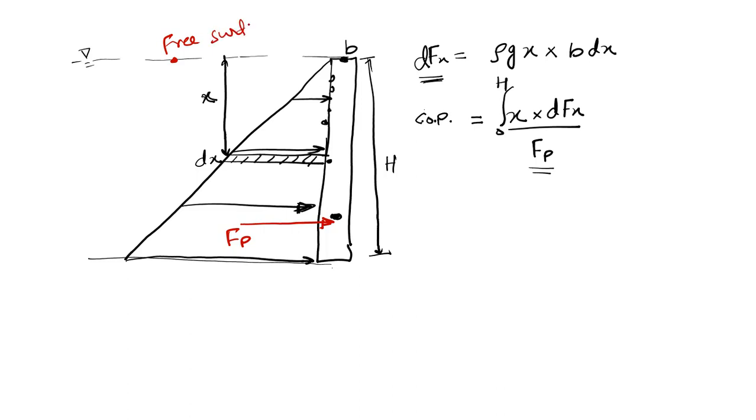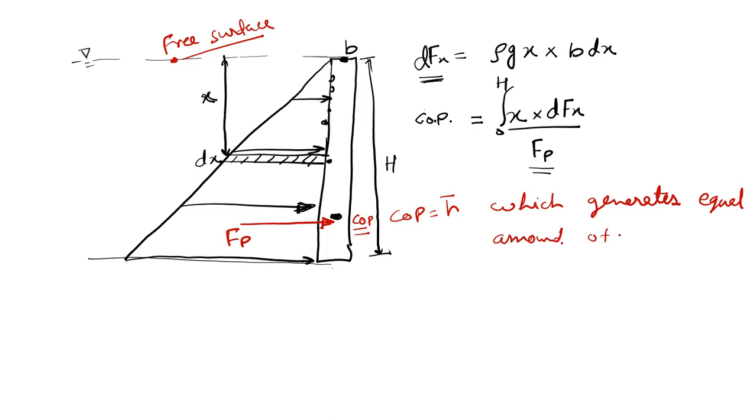See the significance. What is Fp and center of pressure? Center of pressure, COP, is that distance h bar which generates an equal amount of moment about the free surface of the fluid.